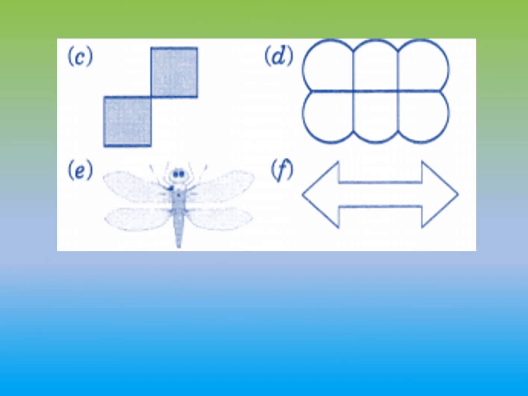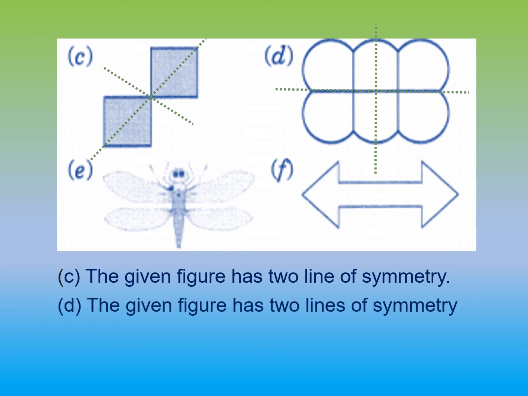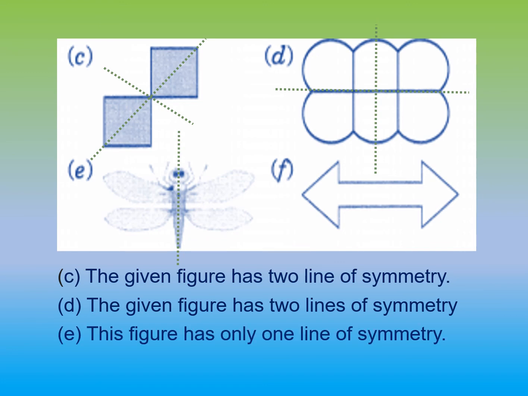Here we have 4 pictures. How many lines of symmetry are there for the first one? 2. Second, D, we have 2 lines of symmetry, and E only 1 line of symmetry. F we have 2 lines of symmetry.